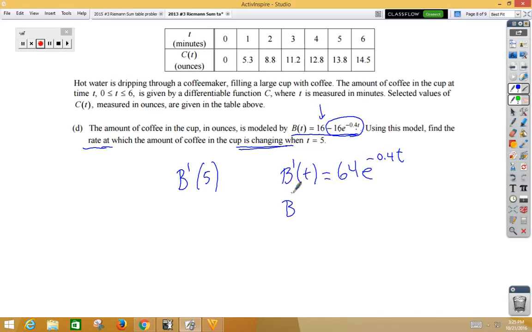Now we're finding b prime of 5, which is 6.4 e to the negative 0.4 times 5. Well, that's the same as 6.4 e to the negative 2, or 6.4 over e squared.